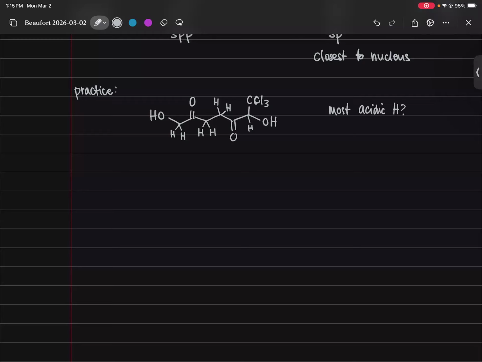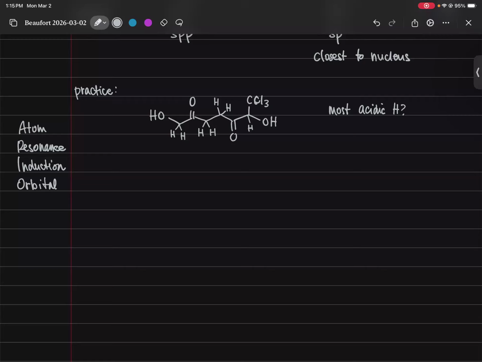So now, rather than comparing different molecules, we're just going to look for the most acidic proton on one molecule that's got a bunch of hydrogens. Atom, resonance, induction, orbital.